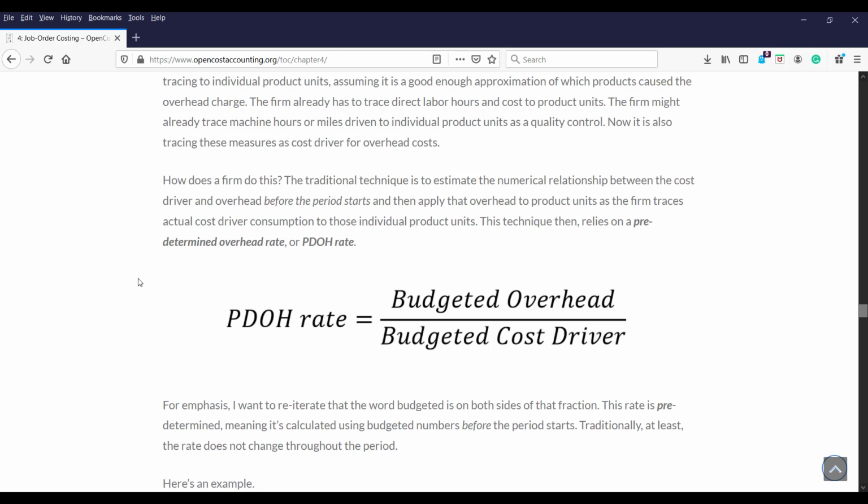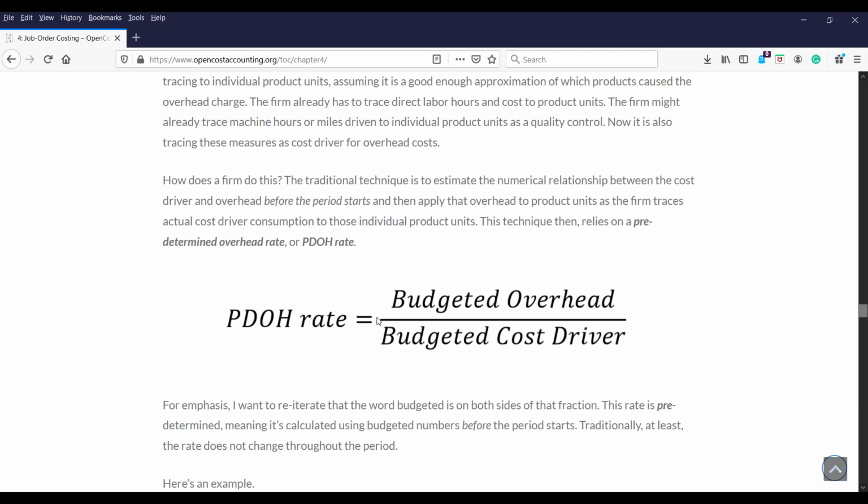There's no confusion there. If I say PDOH or PDOH rate, it's always referring to the same idea, PDOH rate, which is budgeted overhead costs over the budgeted cost driver. So it's all happening beforehand, predetermined. In job order costing, we want to determine a PDOH rate before the period's even started. So we have our budgeted numbers of overhead cost for the period, and we have our budgeted cost driver.